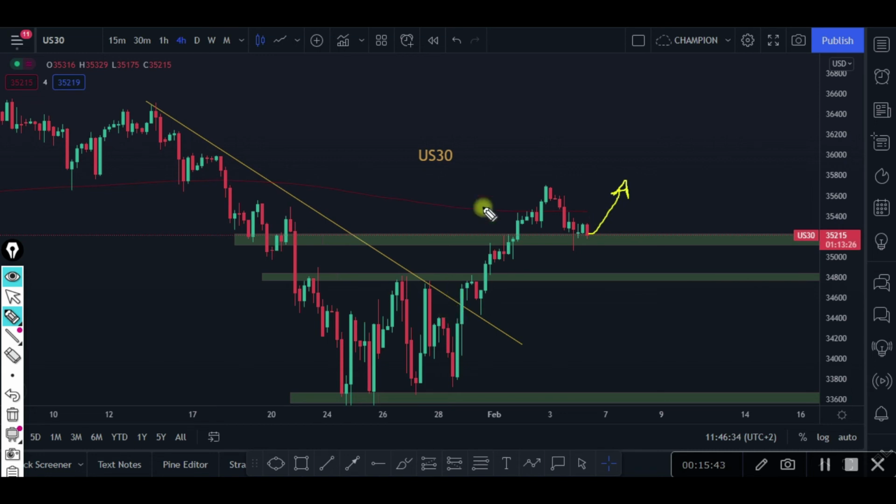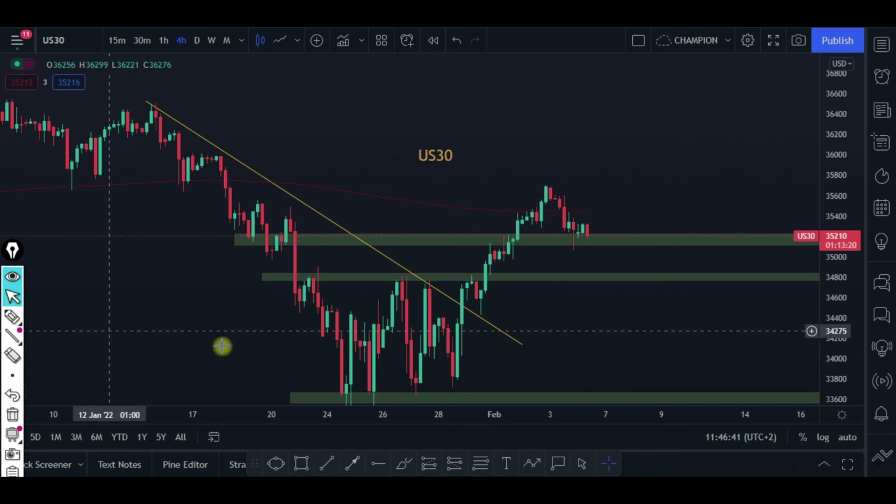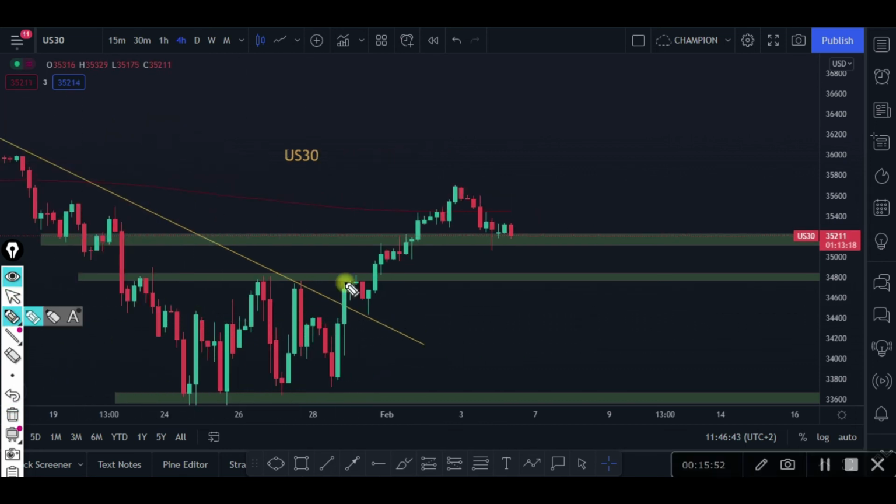This is the US30, and don't forget that the market won't just move straight away to the top, but it will move creating those wave structures, that wave structure that we know how it moves.